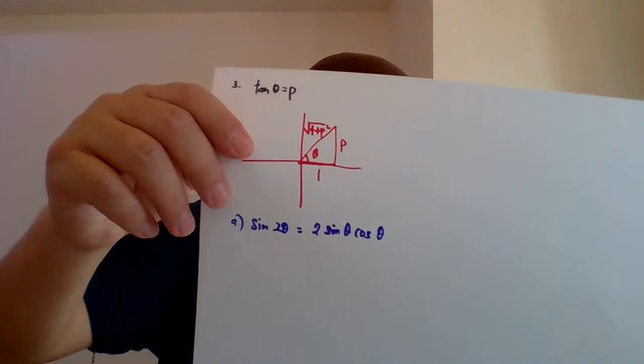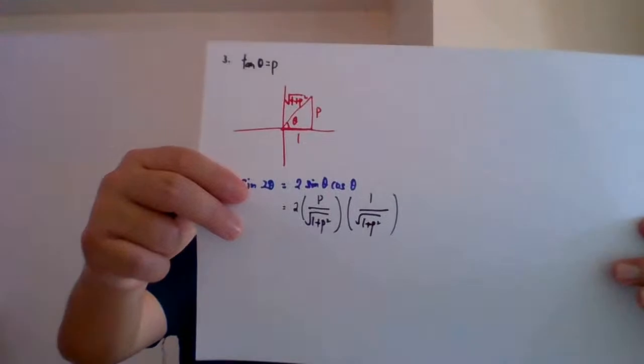Alright. So guys, what we can do next is substitute your sin theta, substitute your cos theta. Right? So 2 sin theta from the diagram, sin equals P over square root of 1 plus P squared. Cos theta equals 1 over square root of 1 plus P squared.